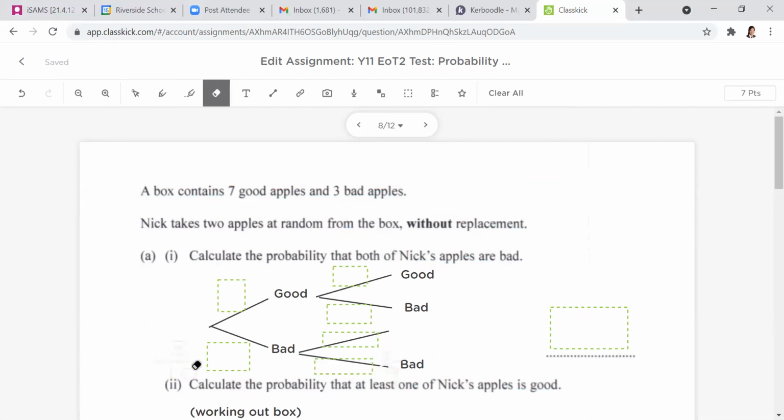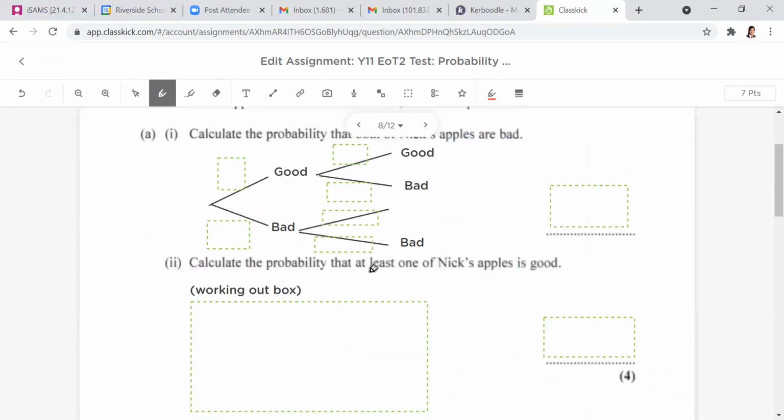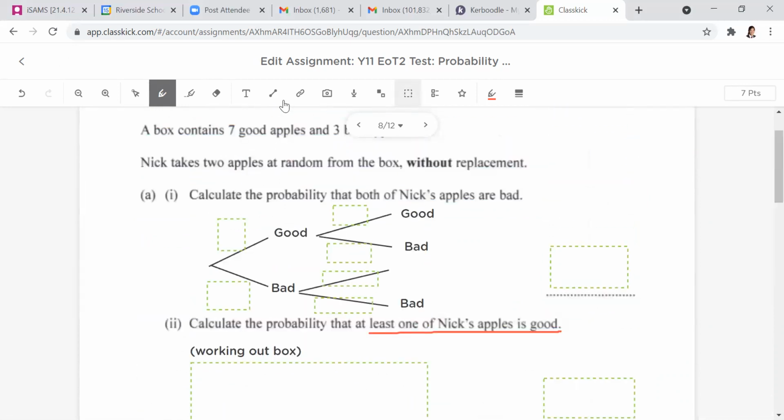Calculate that at least one of Nick's apples is good. Okay, at least one of Nick's apples is good. So that means there's several outcomes we could be aiming for. Okay, I could have gotten good, good. Okay, I could have gotten good, bad, or I could have gotten bad, good. Okay, that was the trick there. There were 3 outcomes. Some of you only calculated 2 of the outcomes and you added them. If you did that, I gave you 1 mark. All right.